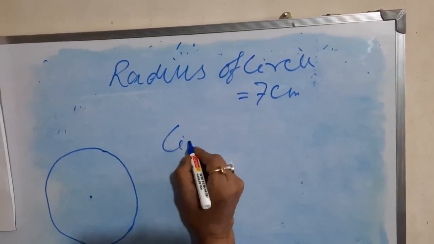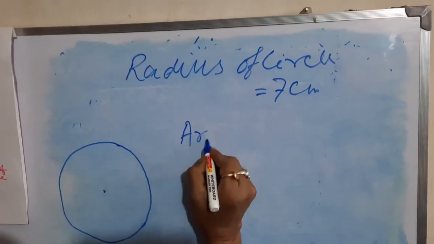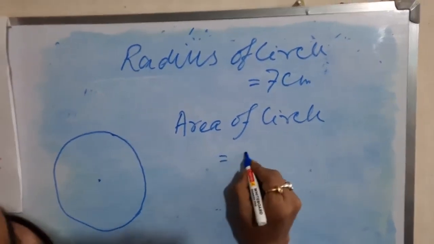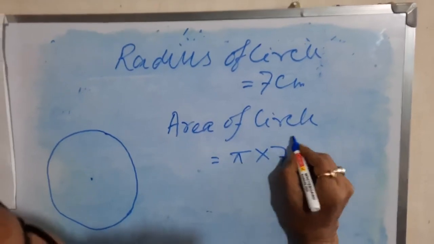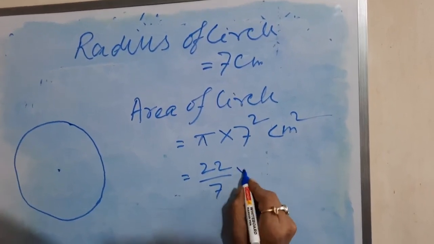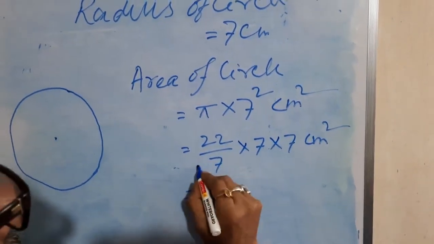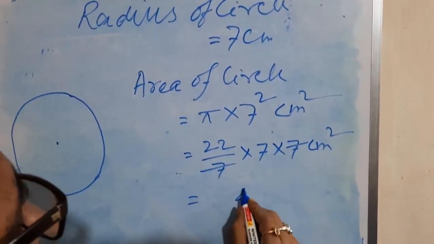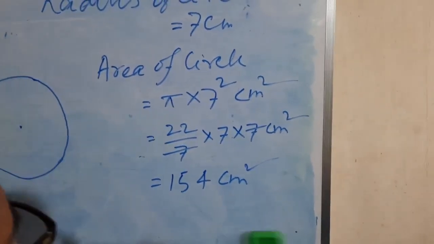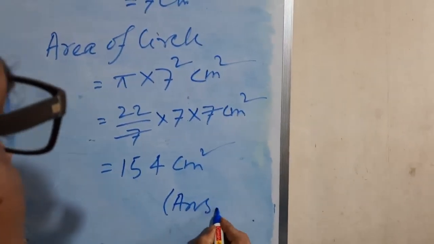So area of the circle is equal to pi into r square centimeter square, is equal to 22 by 7 into 7 into 7, equal to 154 centimeters square. Therefore, the area of the circle is equal to 154 centimeters square.